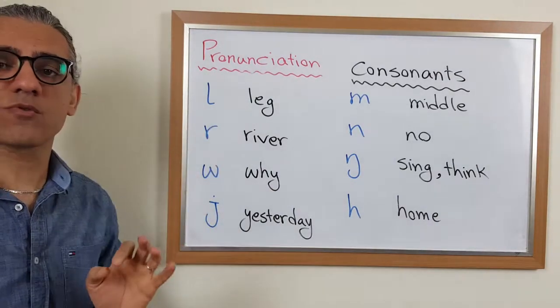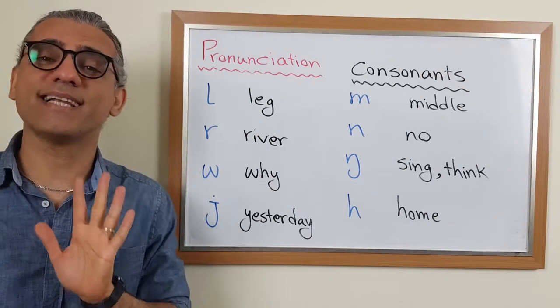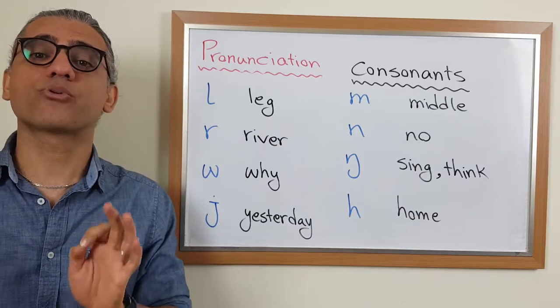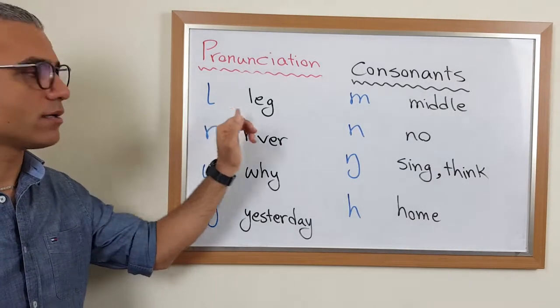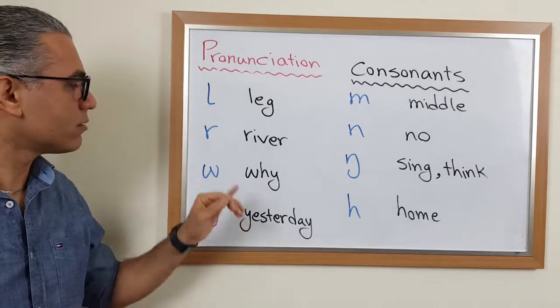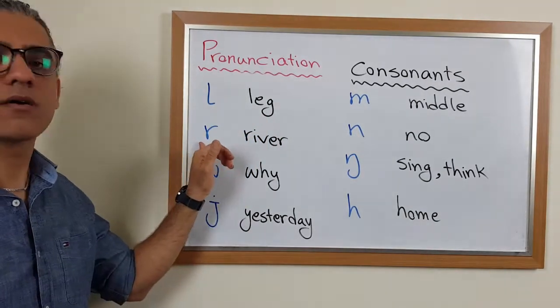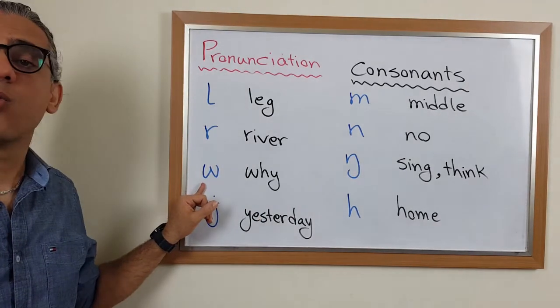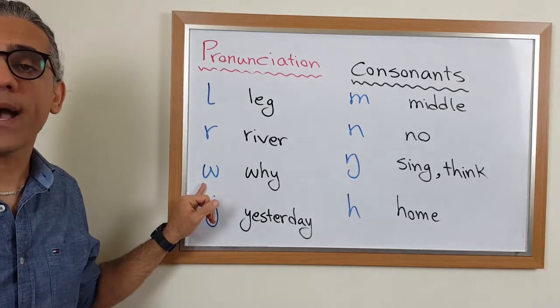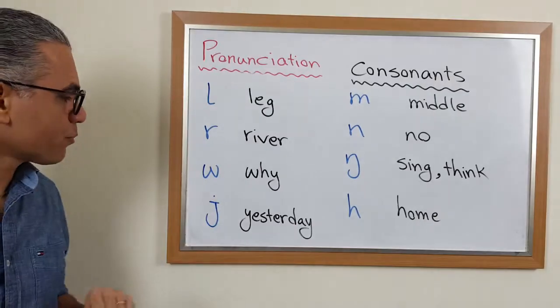This one is pronounced L. Again, these are not letters, guys. These are pronunciation symbols. This one is L, like leg, like low. This one is R, like river, like row. This one is W, like wow, why.